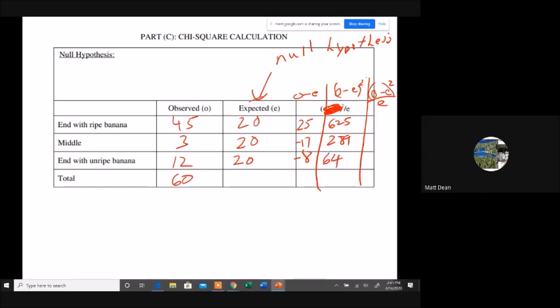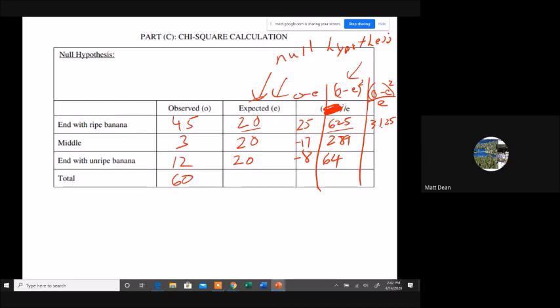Now we're going to do O minus E squared, this column, divided by E, this column. So in the top row, it's going to be 625 divided by 20. Struggling with my calculator here. Give me just a second. 625 divided by 20. So that's 31.25.